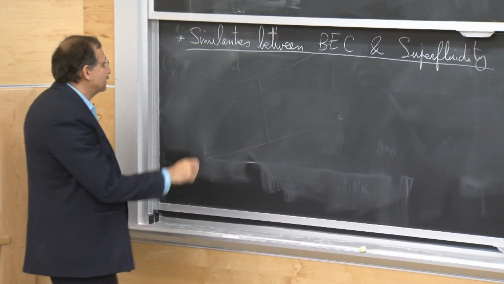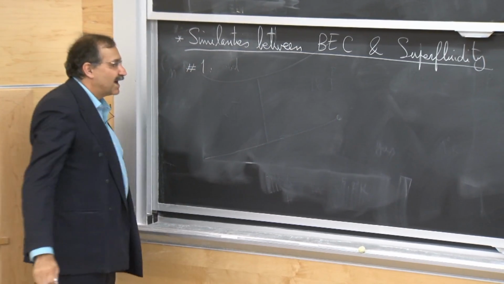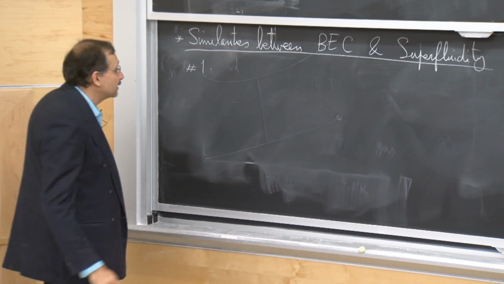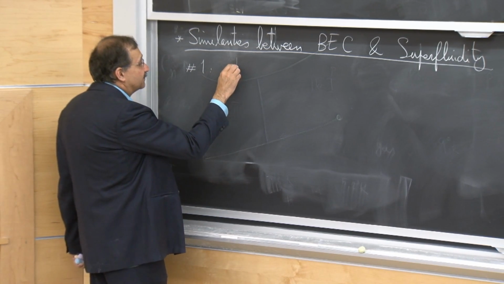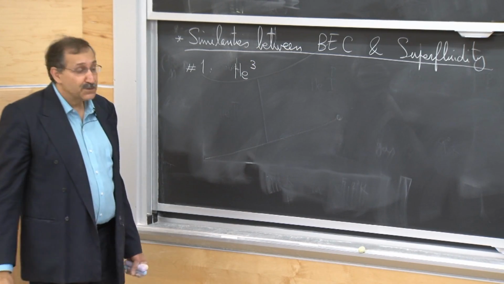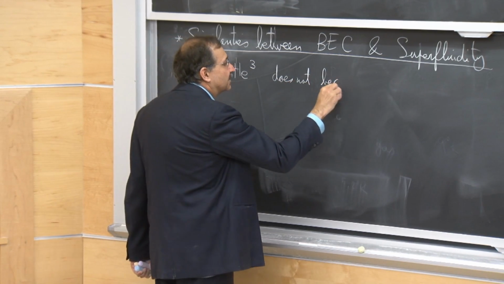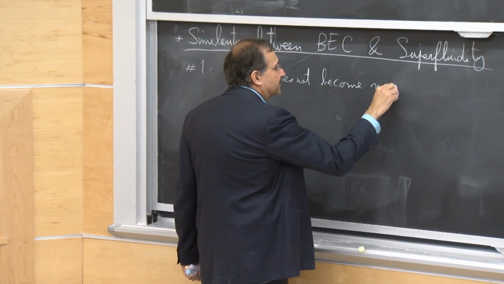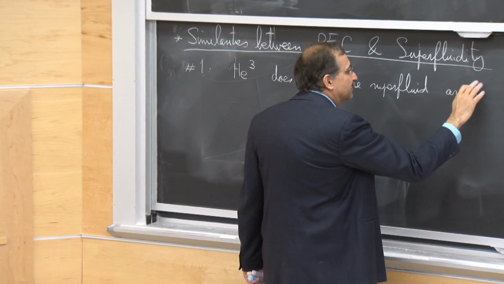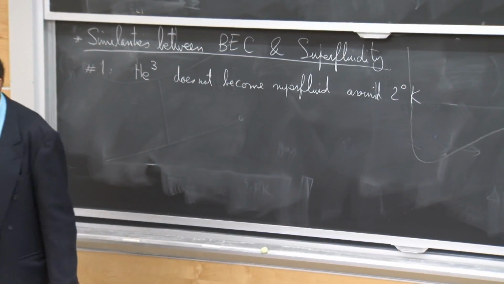I would say that perhaps the most important one, although I guess at the beginning of the story they didn't know this one, is that helium-3, which is a fermion, does not become superfluid around this same temperature of 2 degrees Kelvin, which is where helium-4 becomes superfluid.